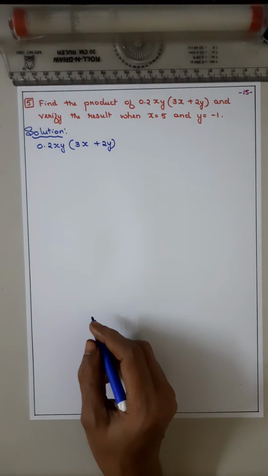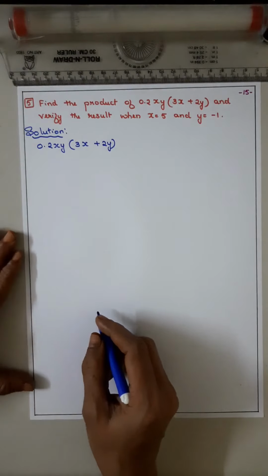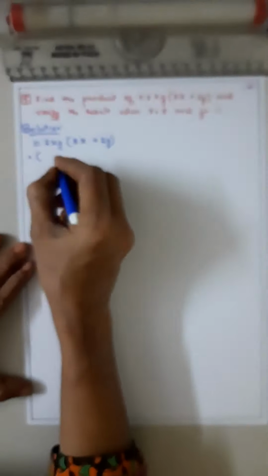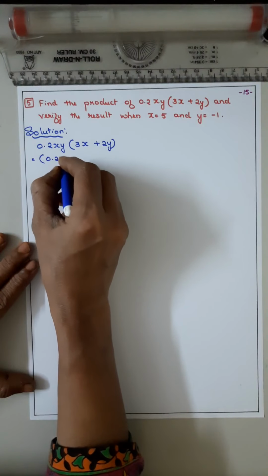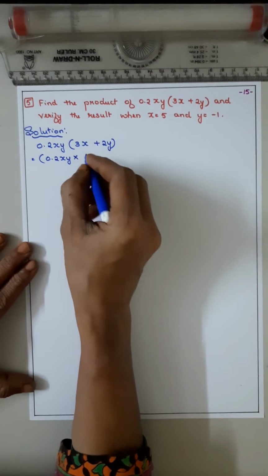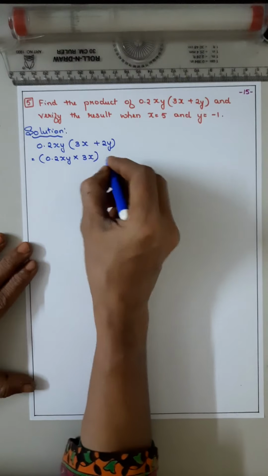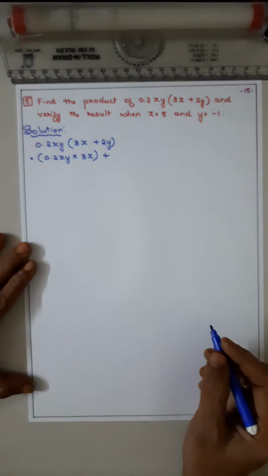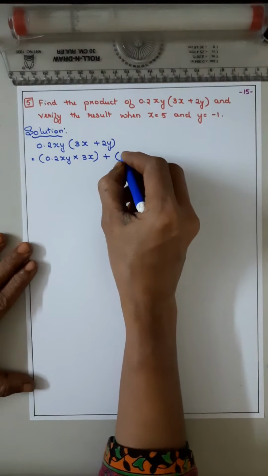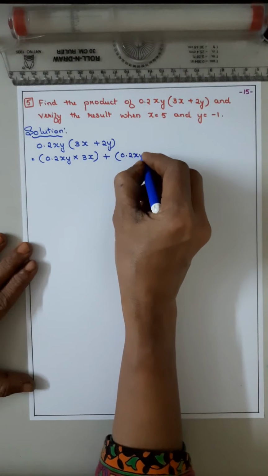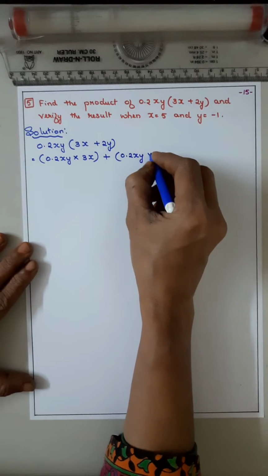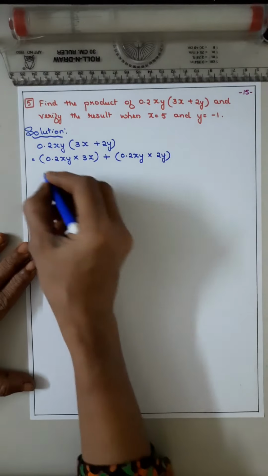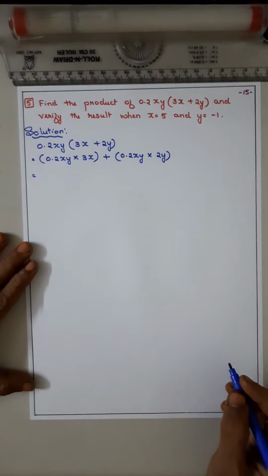So write the question and solve it. First bracket open, 0.2xy into the first term 3x, in between the sign is plus. Now write again 0.2xy into 2y.